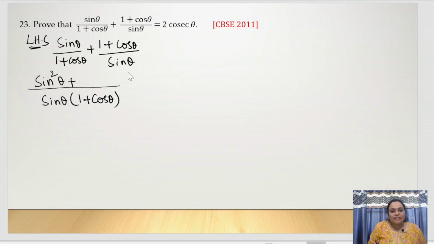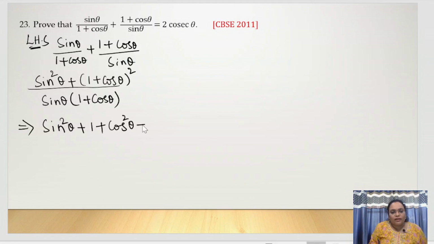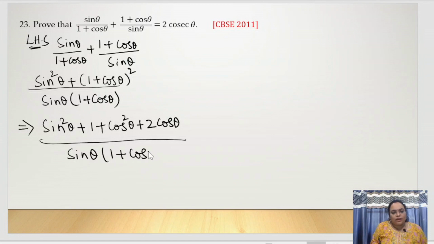Plus you have sine theta here and you have 1 sine theta here. You will multiply this 1 plus cos theta to this 1 plus cos theta, which becomes (1 plus cos theta) whole square. Okay, so which is sine square theta plus, here you will apply (a plus b) whole square, which is 1 plus cos square theta plus 2 cos theta, divided by sine theta into 1 plus cos theta.